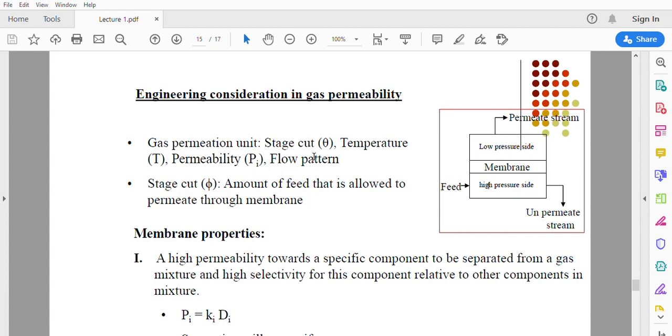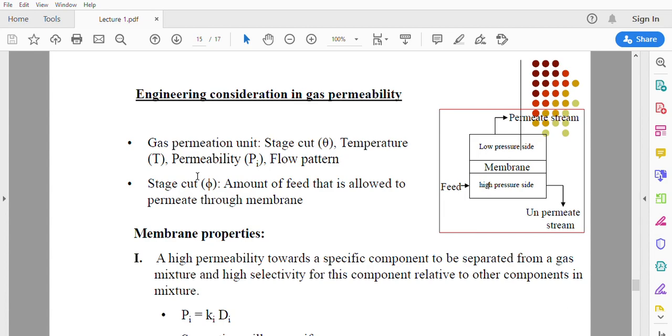So what is the stage cut? Stage cut is the amount of feed which is allowed to permeate through the membrane. Suppose your feed flow rate is Q and your permeate flow rate is P. So P divided by Q is the stage cut. So how much gas permeates out to the permeate side, that is the stage cut. Now temperature is a very important phenomenon.